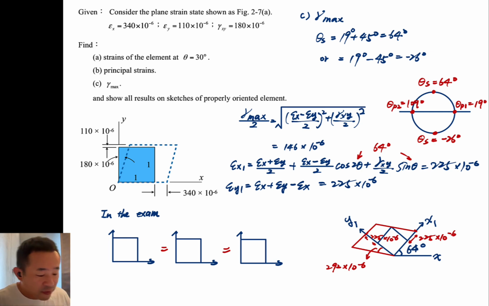So if you have the strain like 292 times 10 to minus 6, okay? If you want to draw this, you can either draw like that, or you can draw like this.